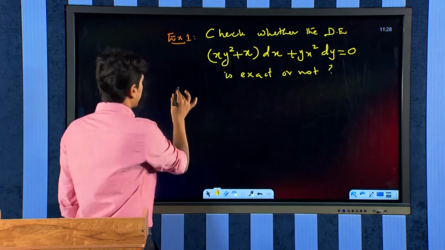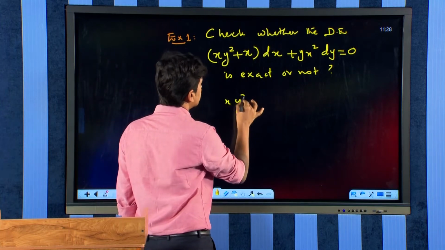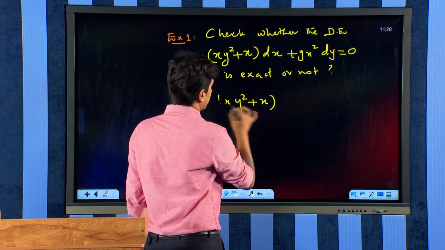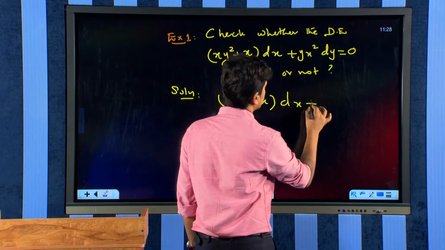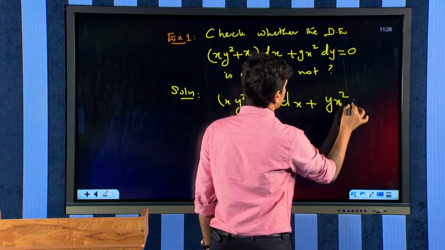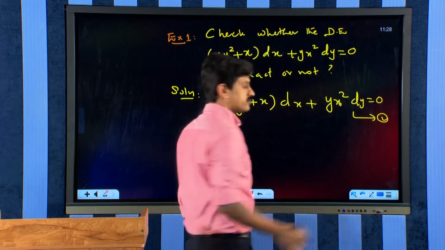Here we have the differential equation (xy² + x) dx + yx² dy = 0, which is equation number 1.